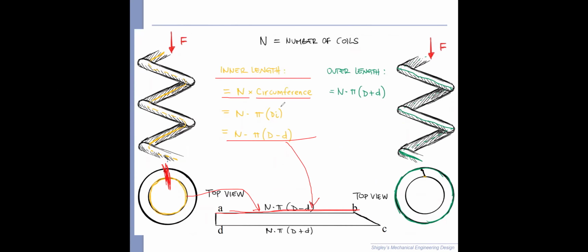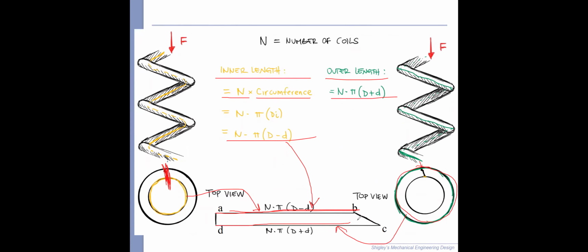Similarly, we can get the outer length, which equals n times pi times the capital D plus the lowercase d. So we get this outer length here, and obviously the two lengths are different.